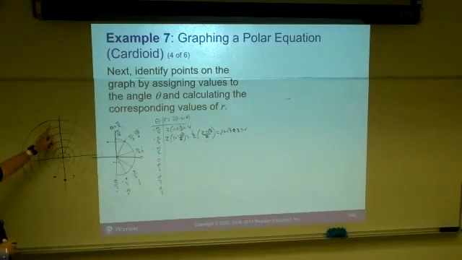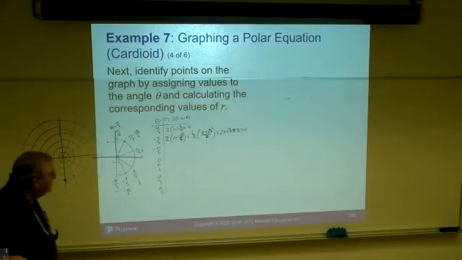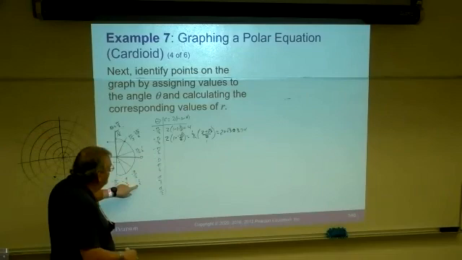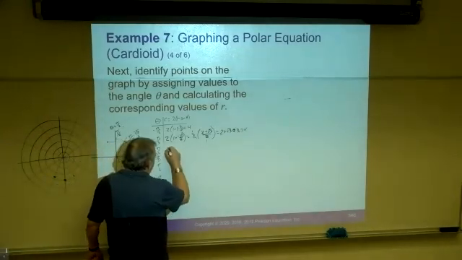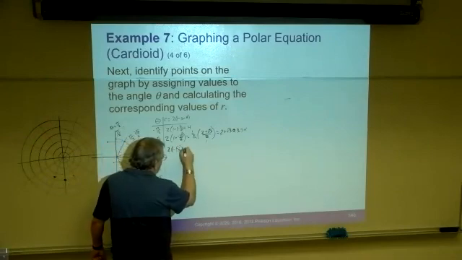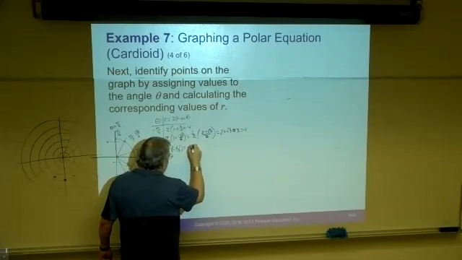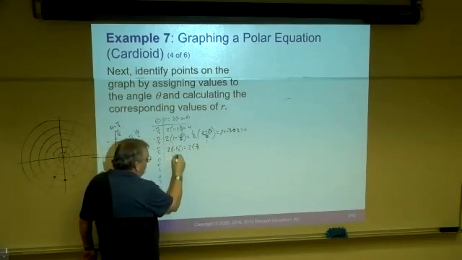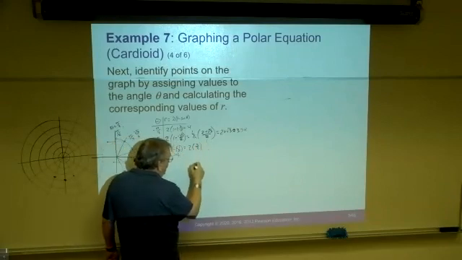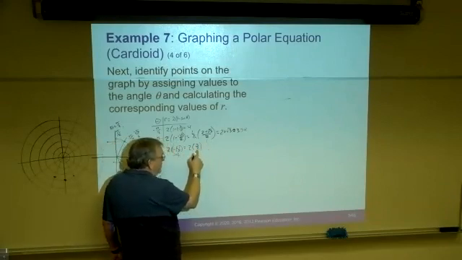If I'm on the line pi over 2, then there's no mirror across because it's on the line. And then at negative pi over 6, my y value is 1/2. So this is 2 times 1 minus a negative 1/2, which gives me 2 times 3/2, because this becomes 1 plus 1/2, which is 1.5, which is 3/2.